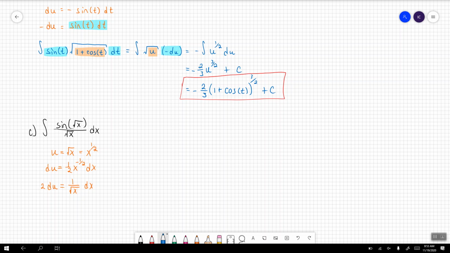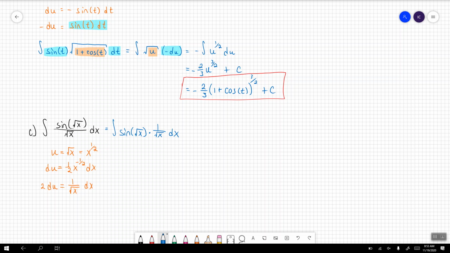All right, so again, I'm just going to rewrite this. Here we are: sine of the square root of x multiplied by 1 divided by square root of x, dx.